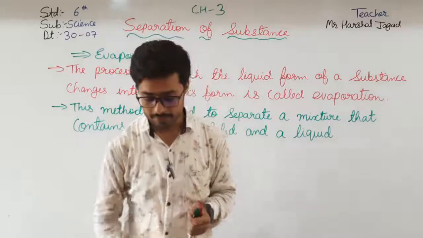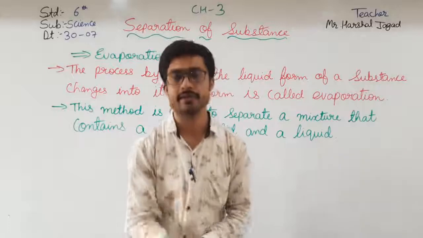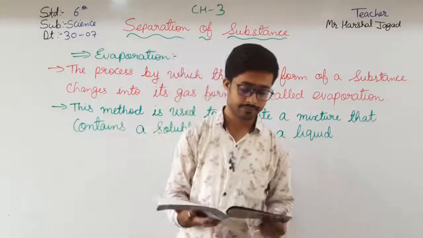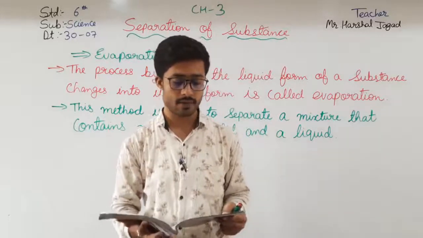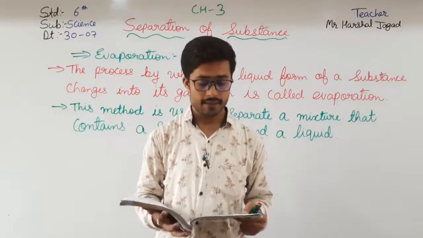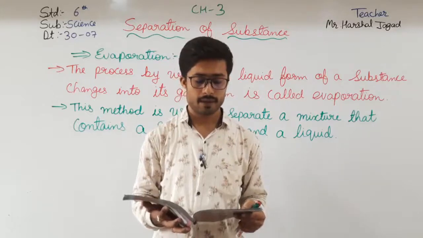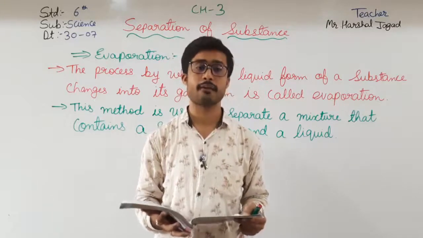Then moving further, there is an activity given over here, that is to separate a mixture of salt and sand. The materials are a mixture of salt and sand, filter paper, burner, beaker, conical flask and water.